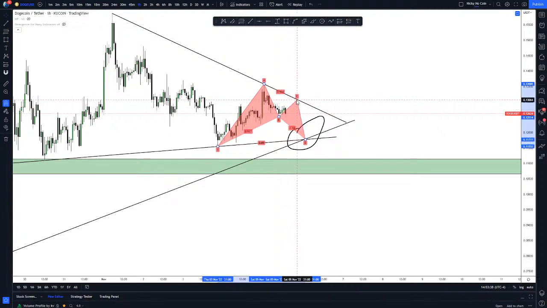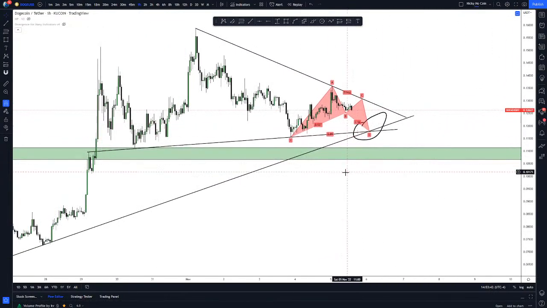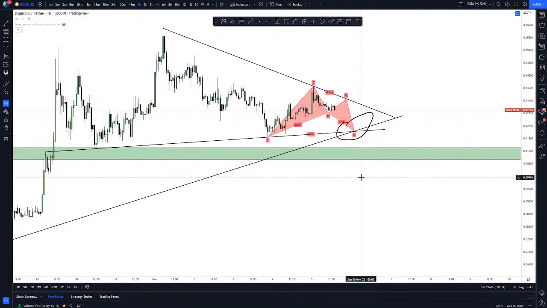Yeah, if we came back up and touched, rejected, and then came down, this would be your buy or add zone.